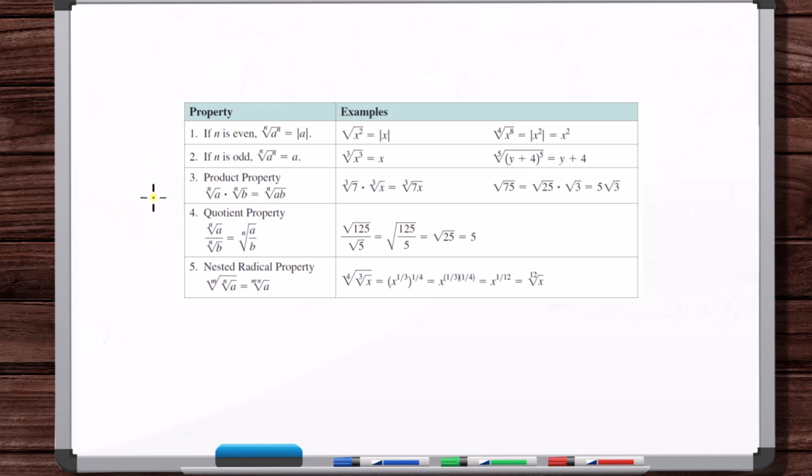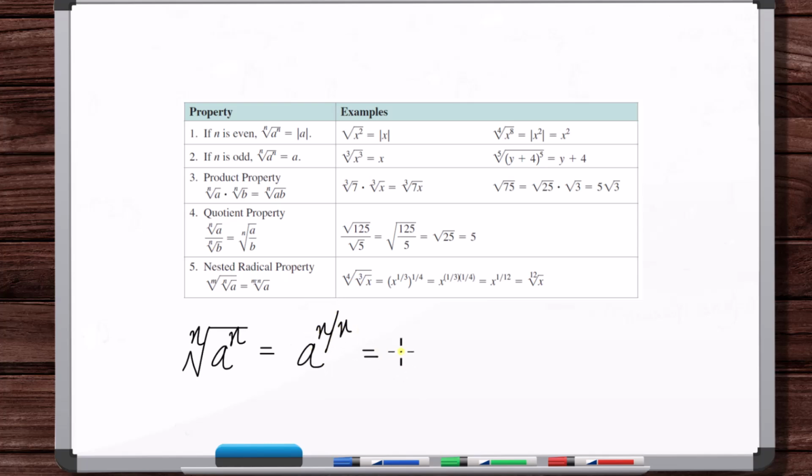Now, when it comes to simplifying radicals, it can get a little bit tricky, in particular because of this first property here. If you have the principal nth root of a to the n, you might think, well, convert this to exponent form.